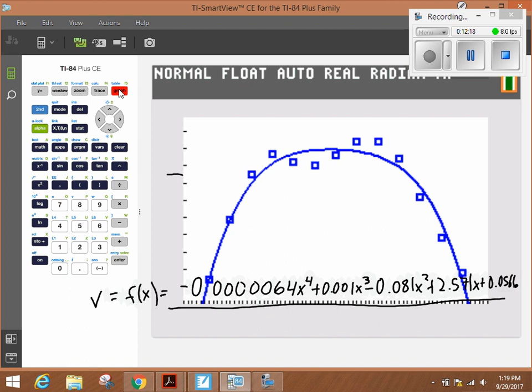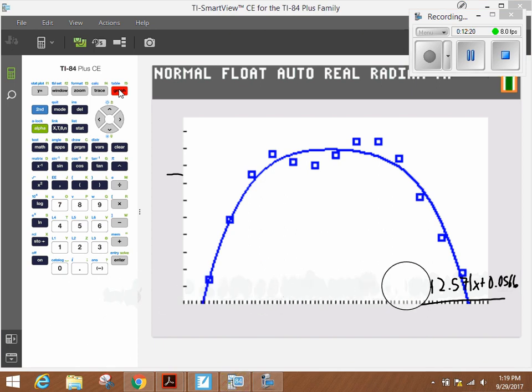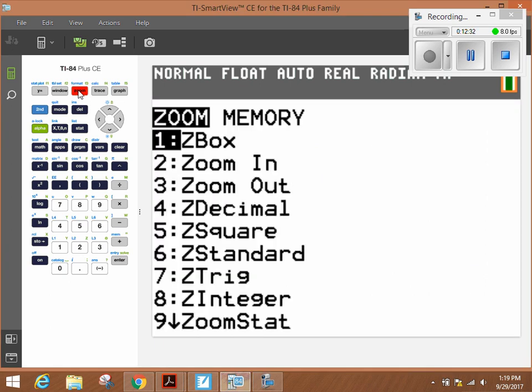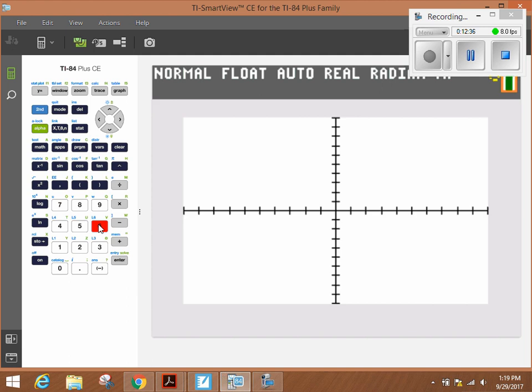Now, I'd like to zoom out so that we can see a little bit better what's going on. So let's go ahead and hit zoom, and I'm going to go to zoom standard. And we're not going to get a very cool looking graph there. It actually looks linear, which is weird.